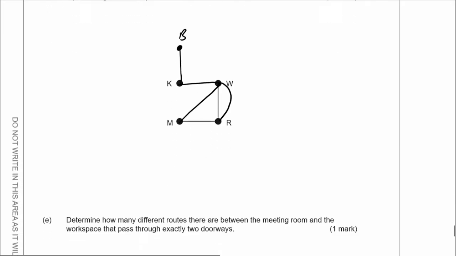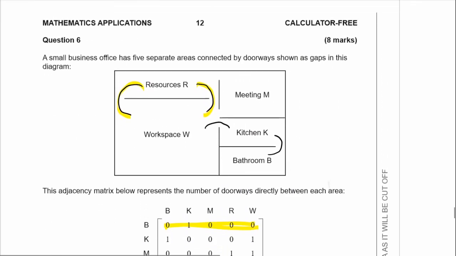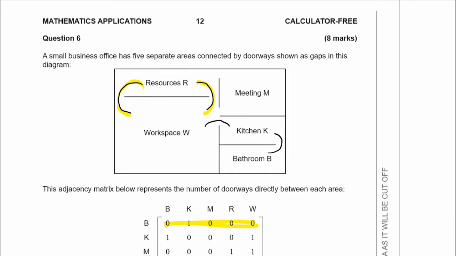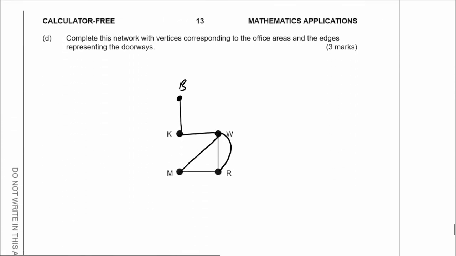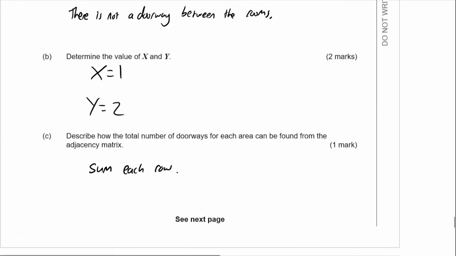Yeah, looks good. Double check that. Those 2 are connected. M can go to R and W. Yep. I'm happy with that.